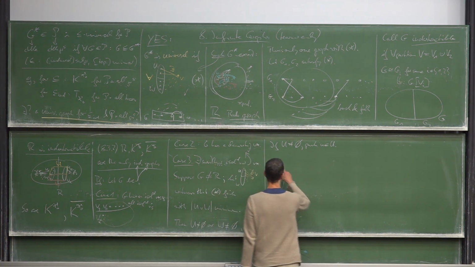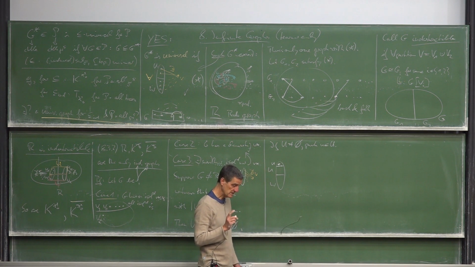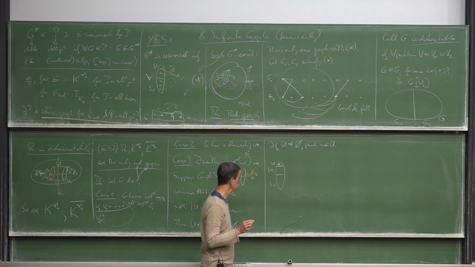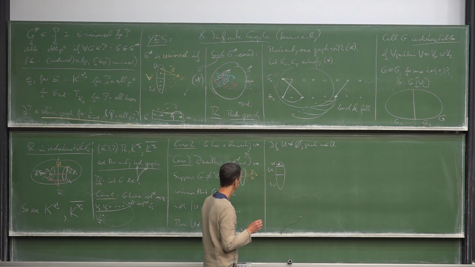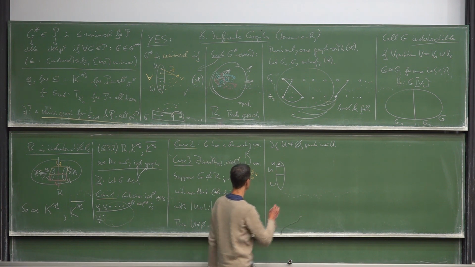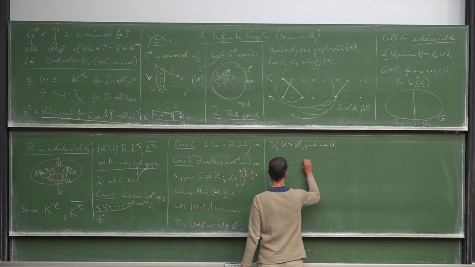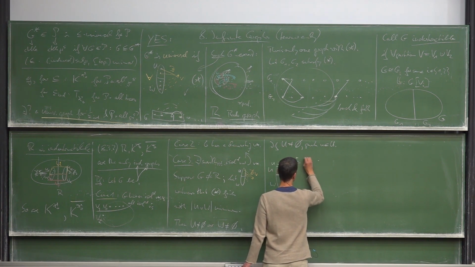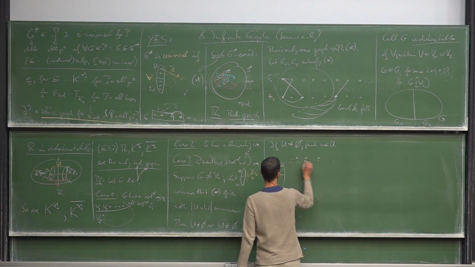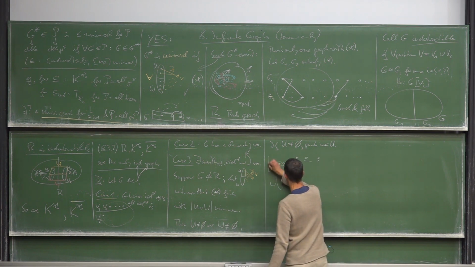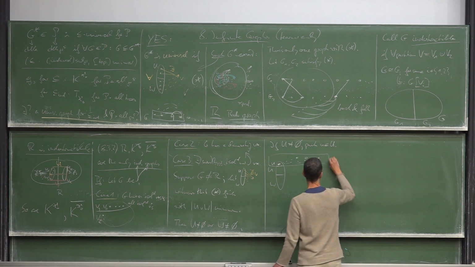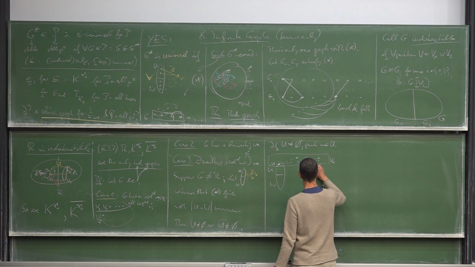Then let V1 consist of U and all the non-neighbors. So V1 is u plus the non-neighbors of u.